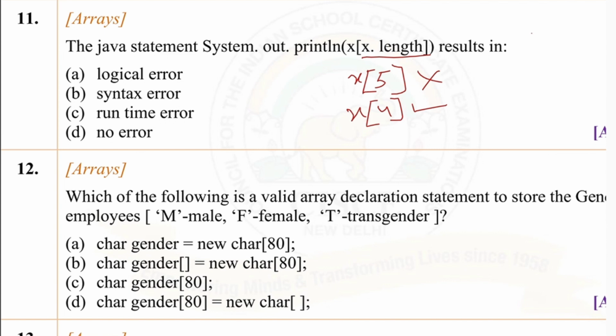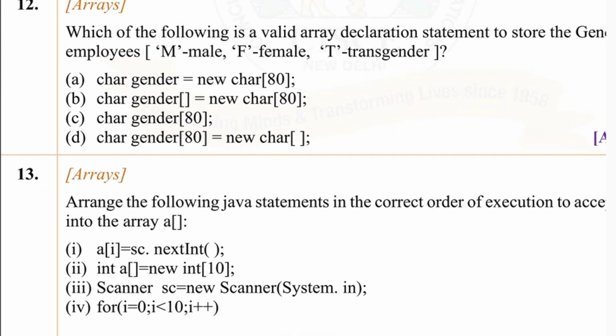It cannot be x[5]. If the length is 5, then x[5] does not exist. So this is a runtime error. It cannot be executed. Impossible. Then 12.